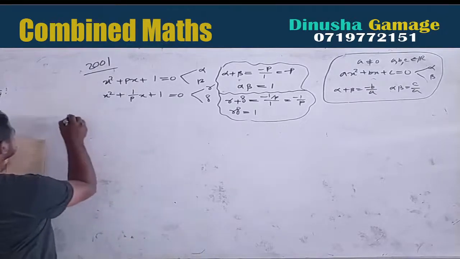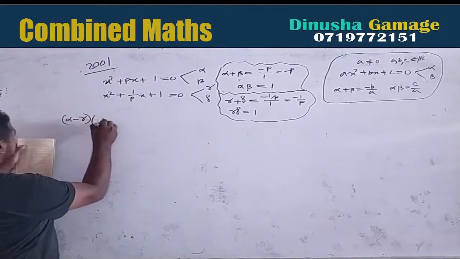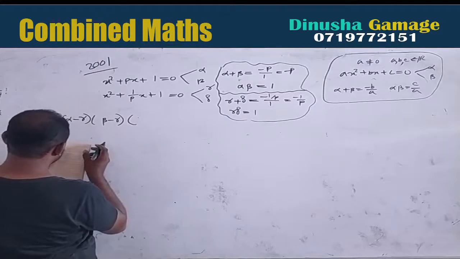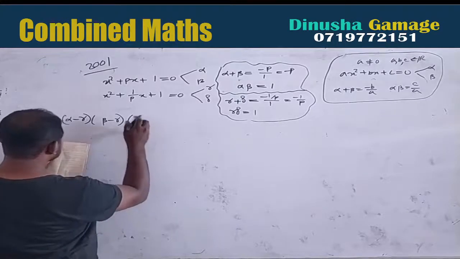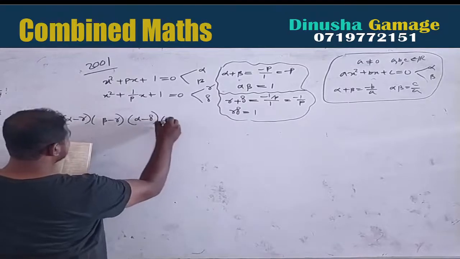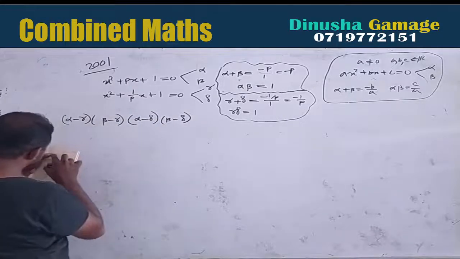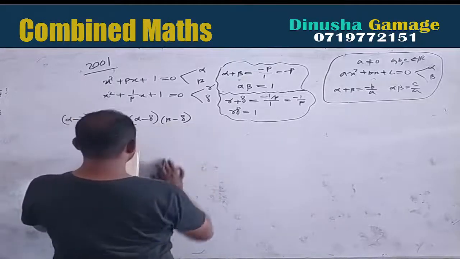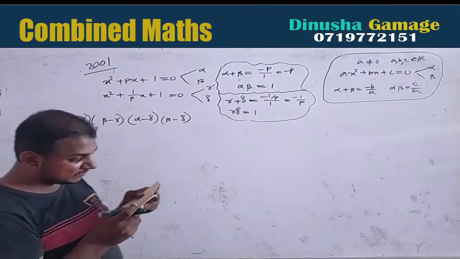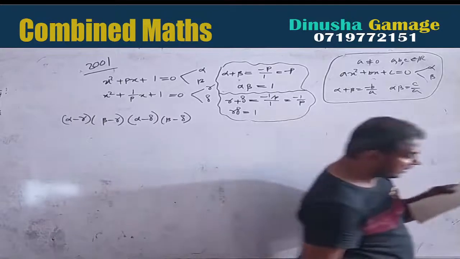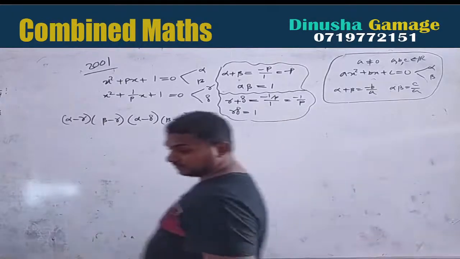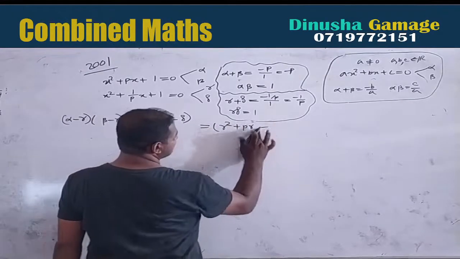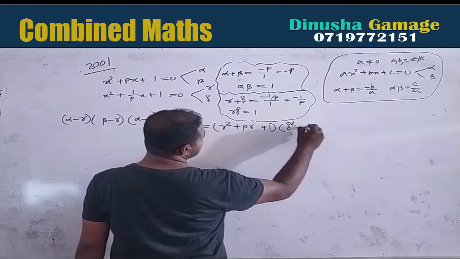They ask us to show that alpha minus gamma, beta minus gamma, alpha minus delta, beta minus delta, the product of these, equals the given answer, gamma squared plus p gamma plus 1 into delta squared plus p delta plus 1.